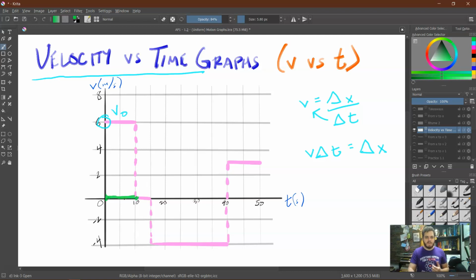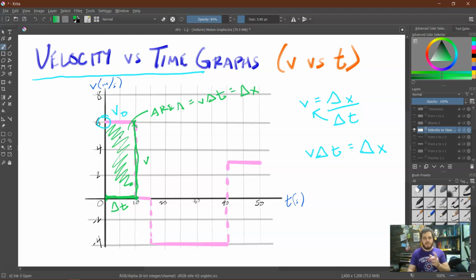That's our change in time, 10 seconds. And our v goes from 0 to 6, right? Because this is what our initial velocity is. So if I want v times delta t, well, look at that. That would be that area. This area will tell me v delta t, and therefore delta x.